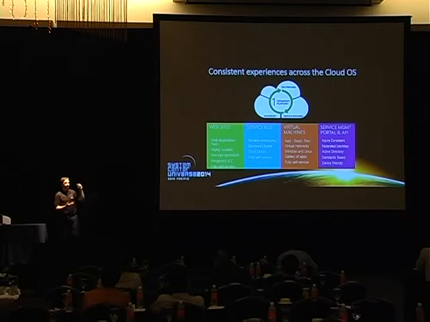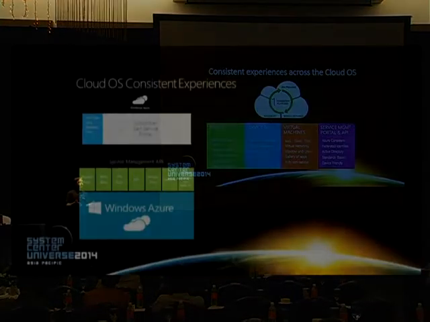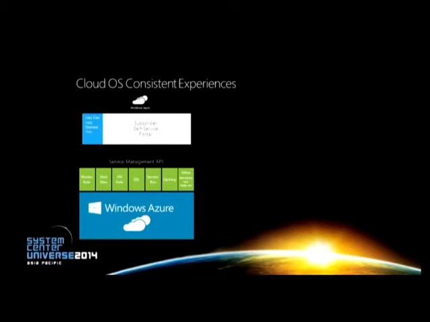Or if I create a VM up on Windows Azure, I can use the same tips and techniques to create that same virtual machine or a similar one on my premises. And as we add new features to Windows Azure, you'll see those features going into Windows Azure Pack.